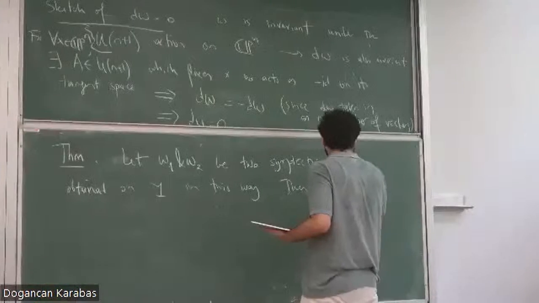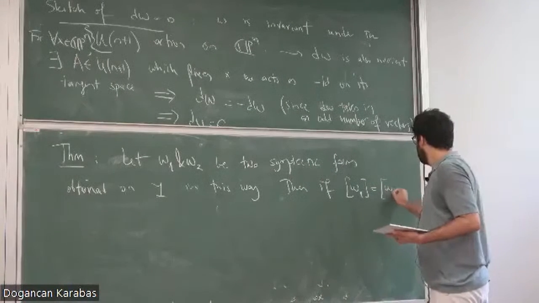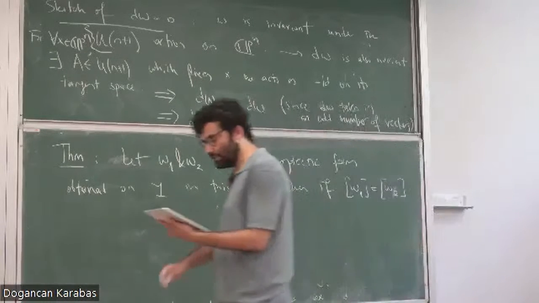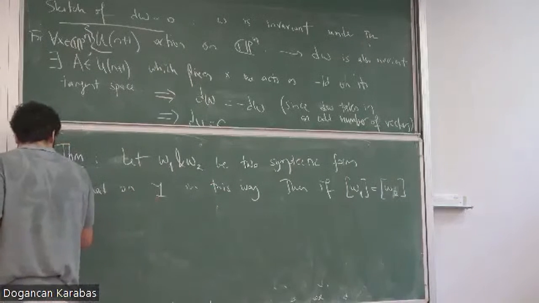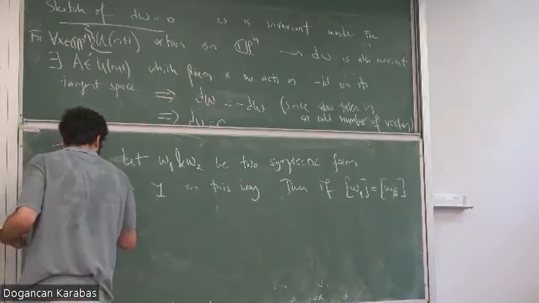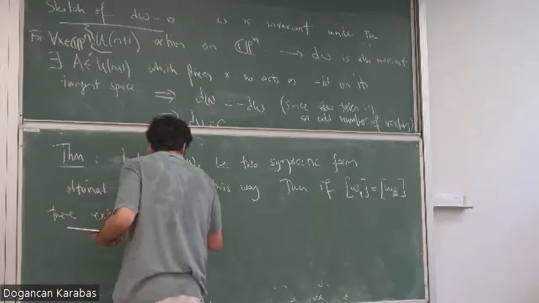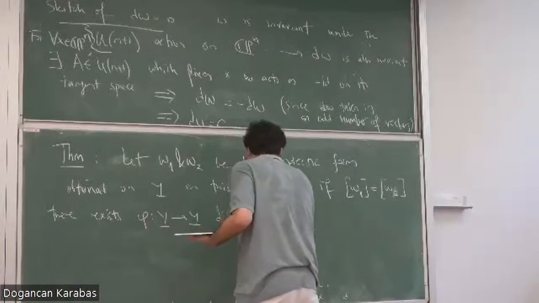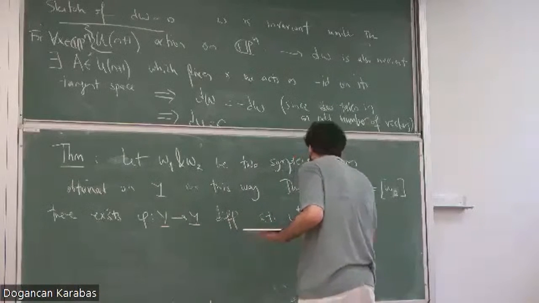Then the classes of these two symplectic structures are the same. There exists a diffeomorphism phi of Y such that phi pullback omega 1 is equal to omega 2.